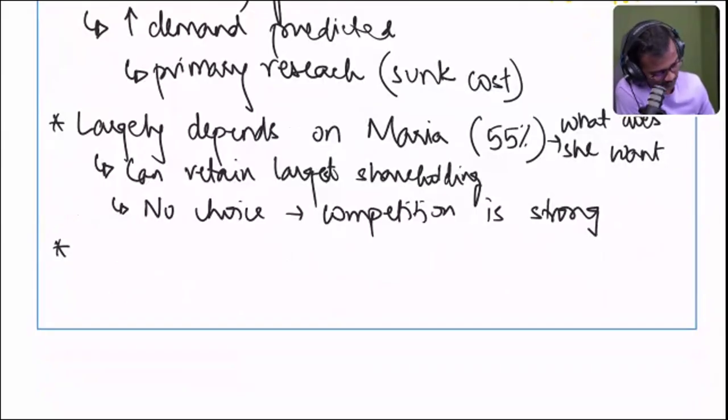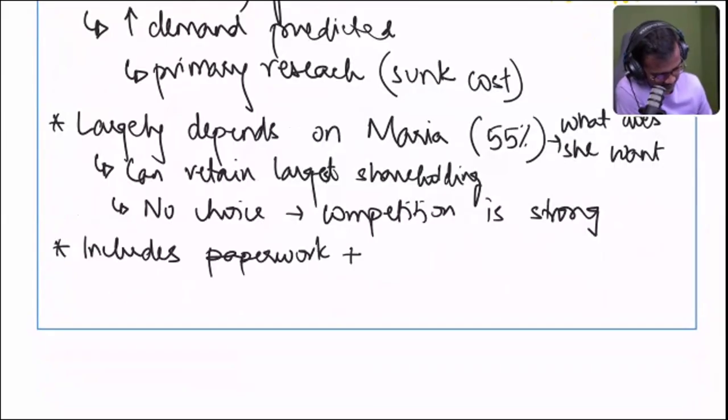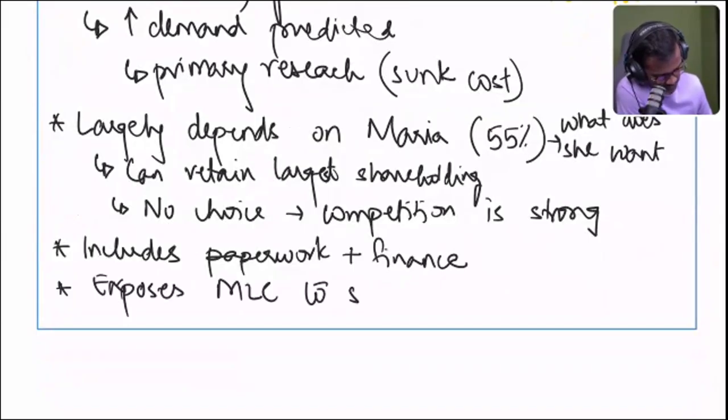So it also includes paperwork and all of that stuff, plus finance for banks and stock exchange and things like that. And it also exposes PLC to sharp changes in share prices.